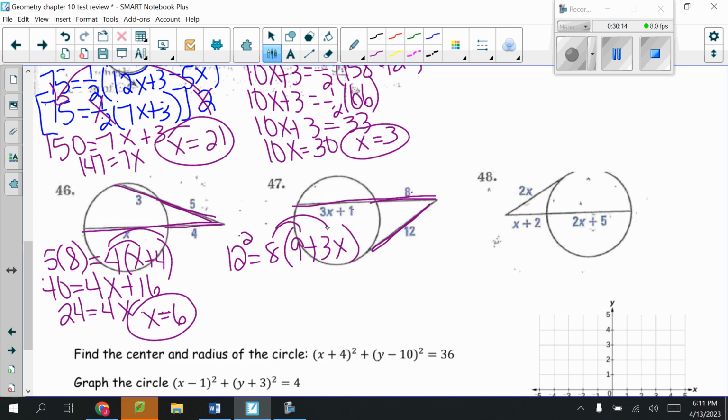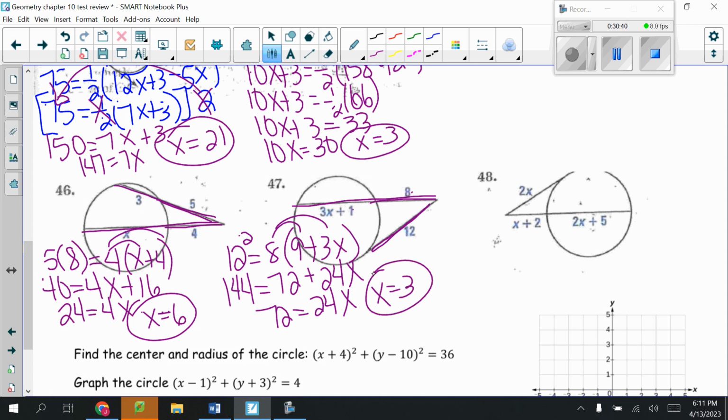On this side, 12 squared is 144. When I distribute my 8, I get 72 plus 24x. Subtract 72 from both sides, so I get 72 equals 24x. Divide both sides by 24, and I get x is equal to 3.